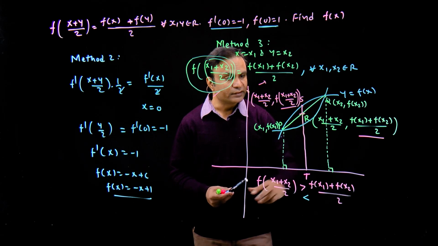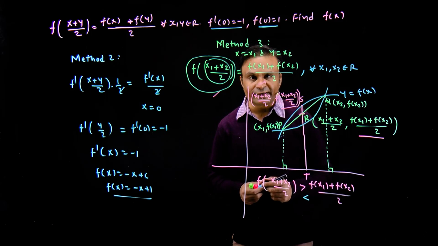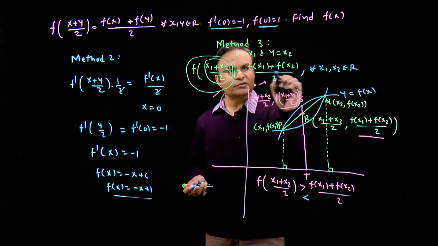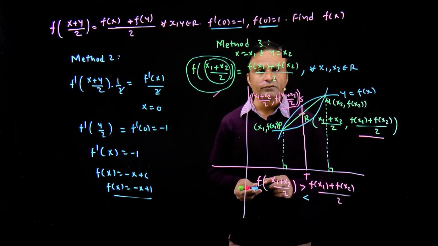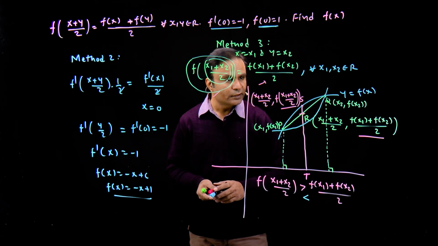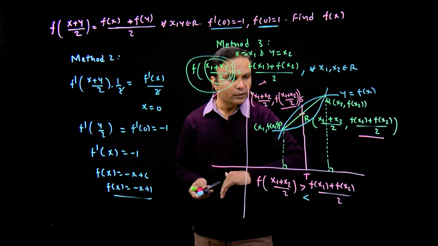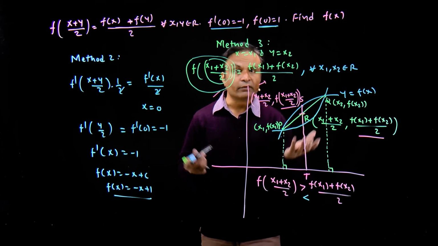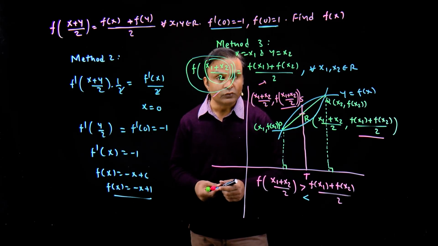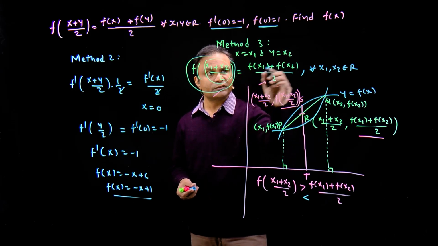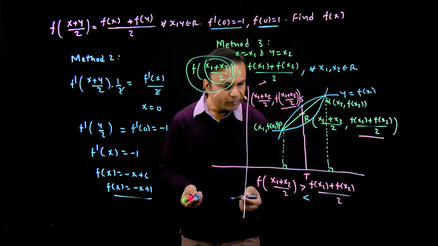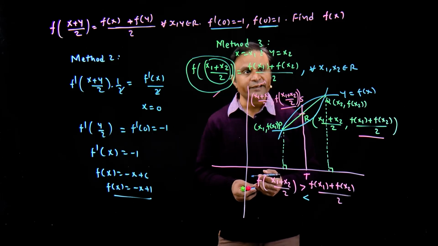Obviously when this graph is a straight line, because this is true for all x1, x2 belongs to R. That means now we have a graph that is a straight line, not concave upward or concave downward. This means this is possible only when the function is linear.